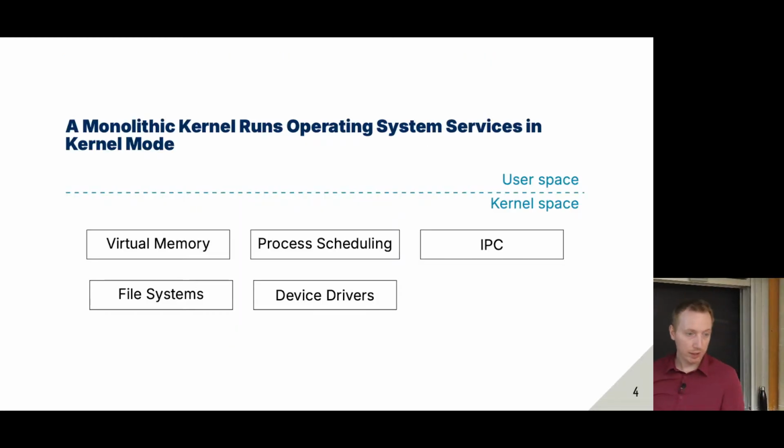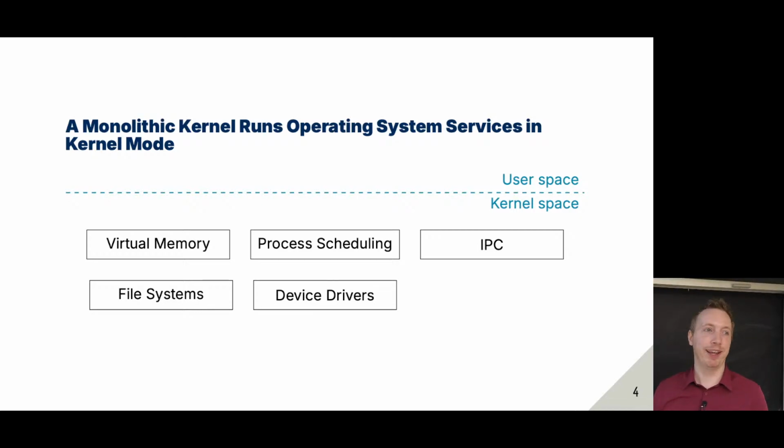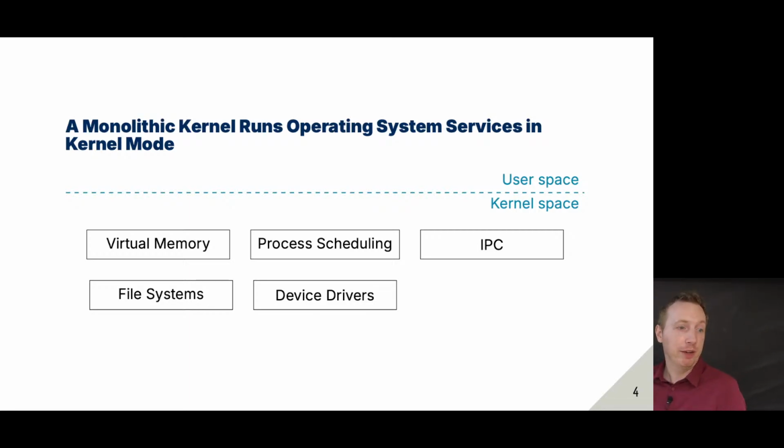So there are different ways to architect your kernel, because we said that, hey, what's part of the kernel? It's whatever code is running in kernel mode. So there are different things you can put in kernel mode, and that depends on your kernel architecture. If you have a monolithic kernel, you're pretty much putting most of the operating system services directly into kernel mode.